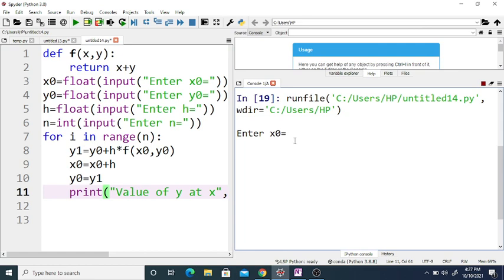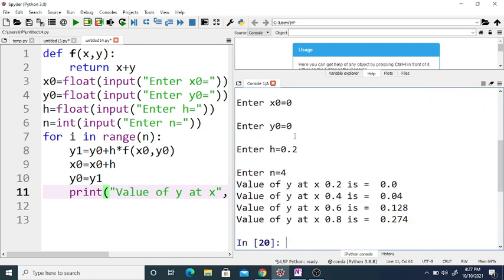Okay, so x0 is equal to 0, y0 is 0, enter h 0.2 and number of steps say 4. Then you can observe here the value of y at 0.2 is 0, at 0.4 is 0.04 and so on.